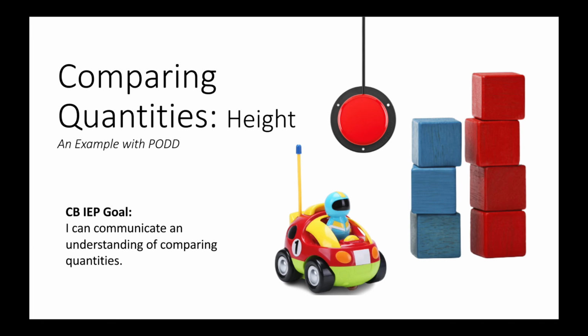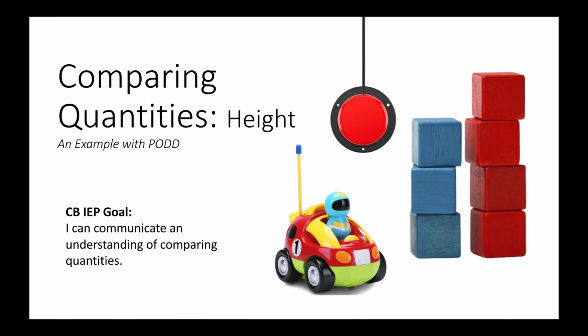So the second example just highlights how there is so much nuanced language involved with math. And even though the CBIEP goal is the same, I just want to highlight how different the words and the vocabulary are. Of course, there's overlap, but it's just interesting to think, wow, there is so much language that we need to teach in regards to math.